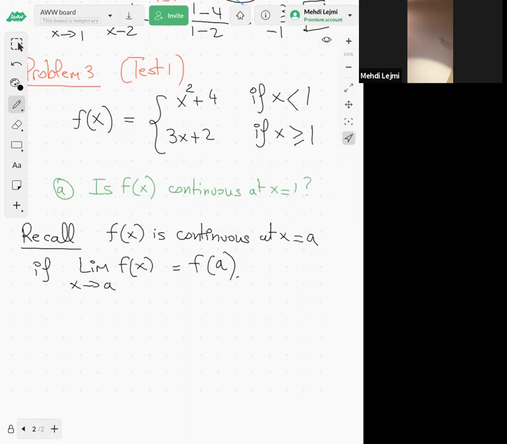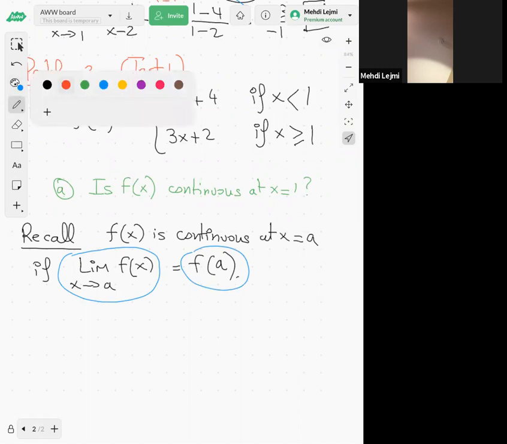So there are two things here to compare: first the limit of f of x as x goes to a, and then f of a. In our case, we are interested in x equal to 1, so my a is 1.